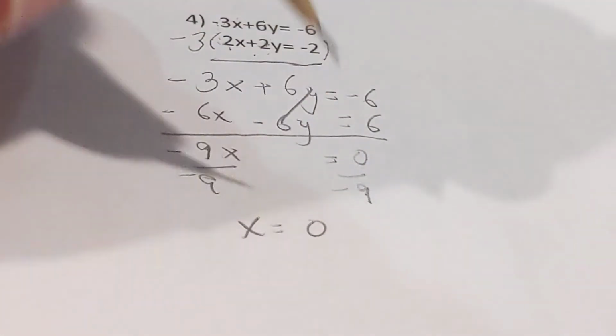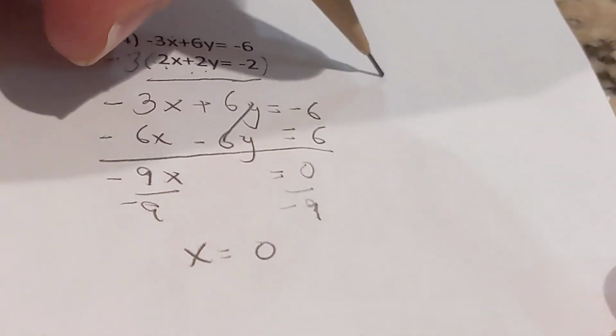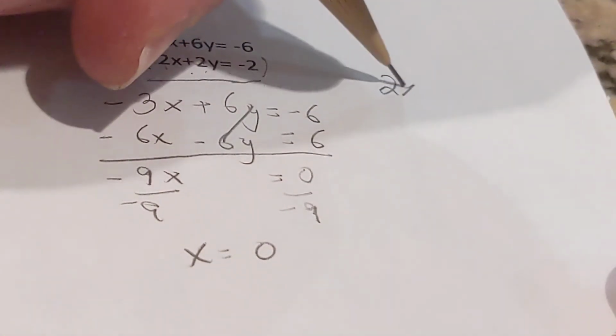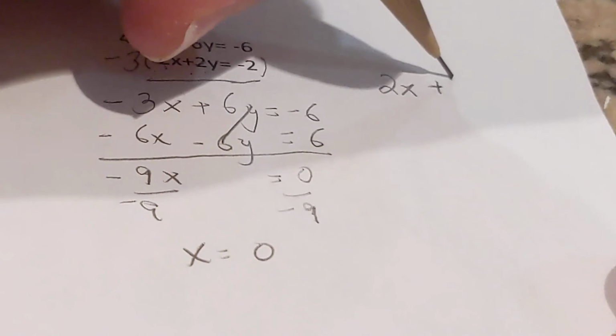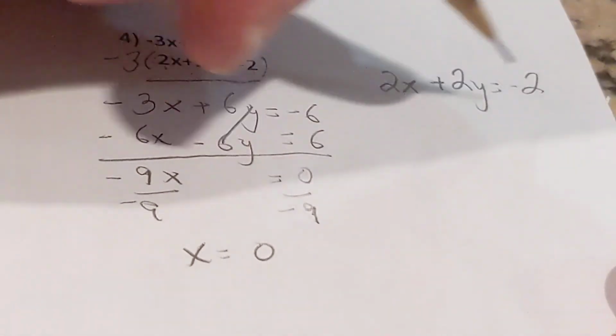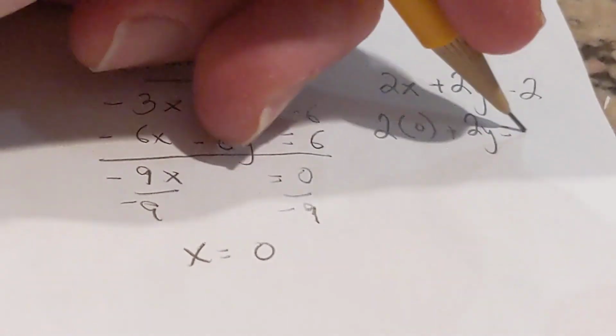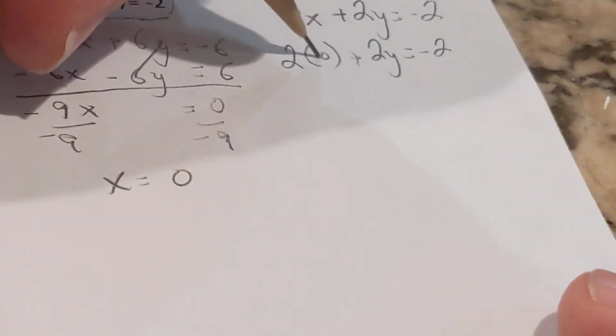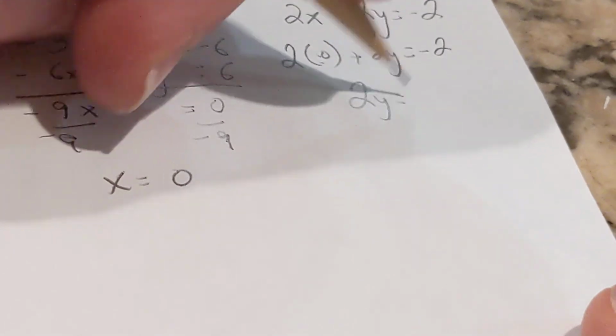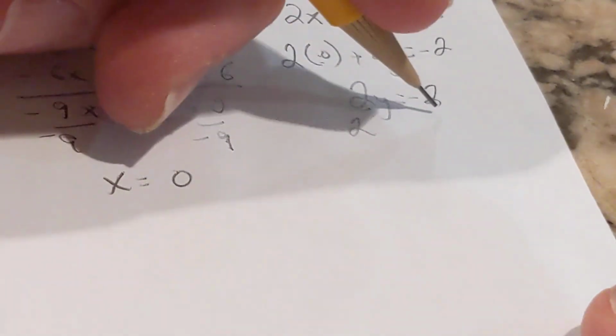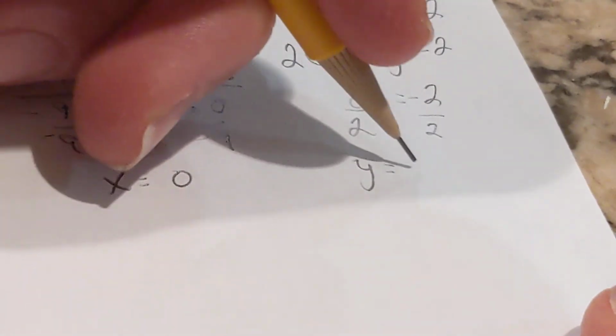So x is 0. I'm going to substitute into the bottom equation. It's just going to be 0, of course. 2y equals negative 2. y equals negative 1.